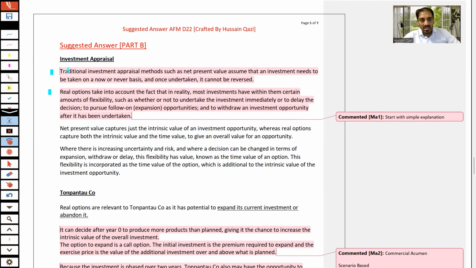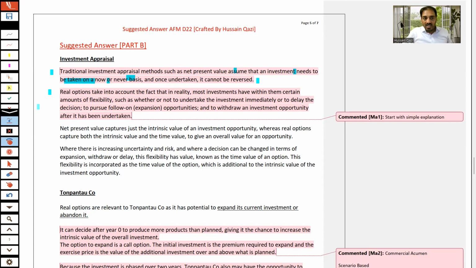For example, with the simple NPV method, the traditional investment method, we assume that the investment needs to be taken on a now or never basis. With the NPV method, the decision making is very stringent. We just say now or never, once taken, it cannot be reversed.